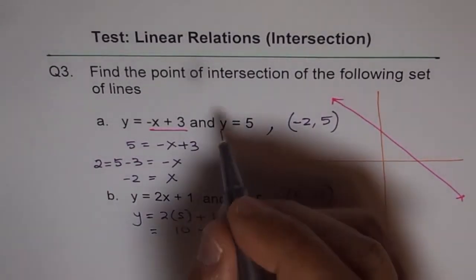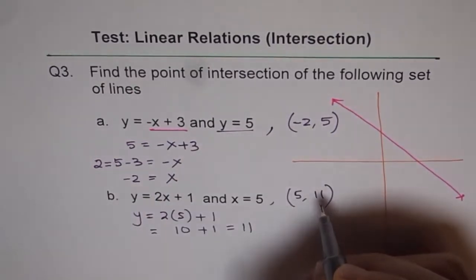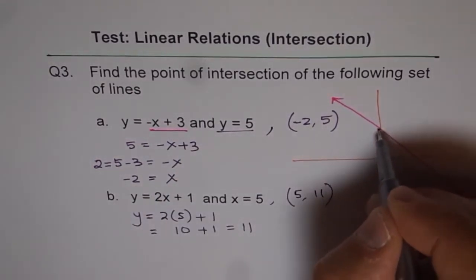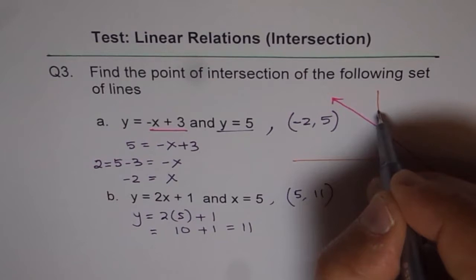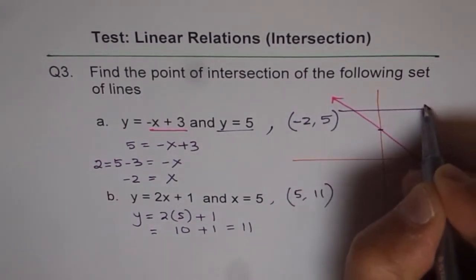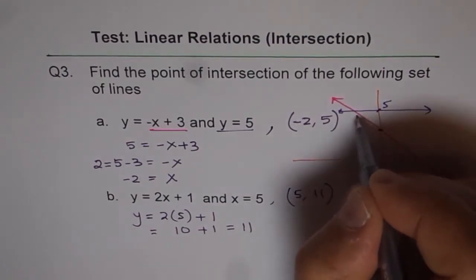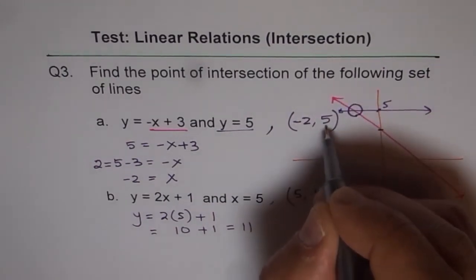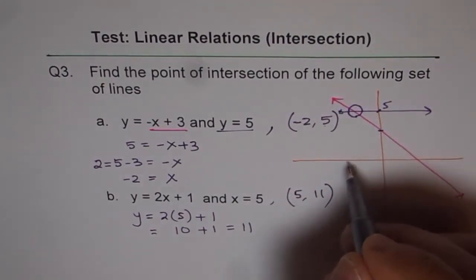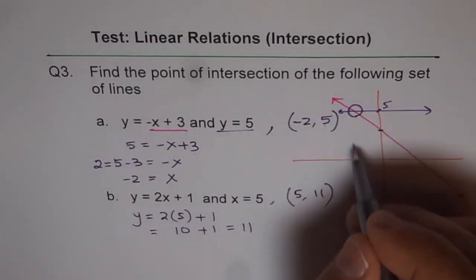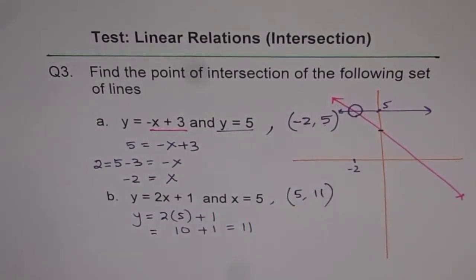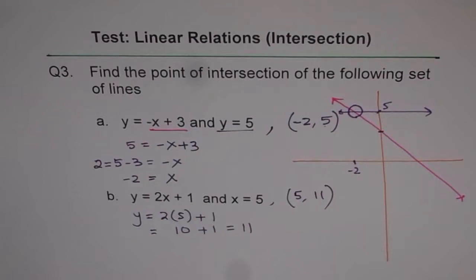And then y equals to 5. This line means this was 3, right? And 5 will be above it. So approximately like this. So that is y equals to 5. This is 5, right? And you see your intersection is at y of 5 and negative value for x, which on a graph paper will be at minus 2. Correct? So that is how you have to do it.